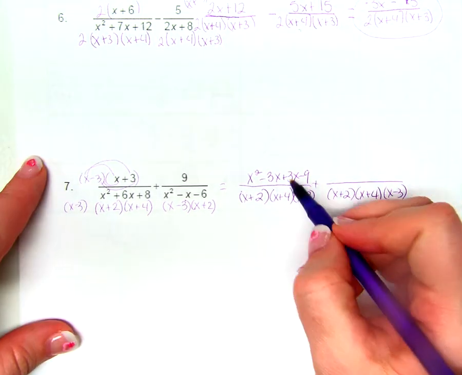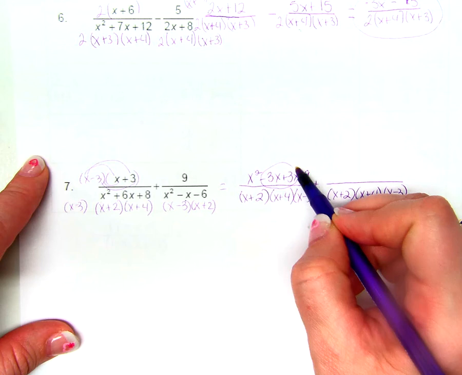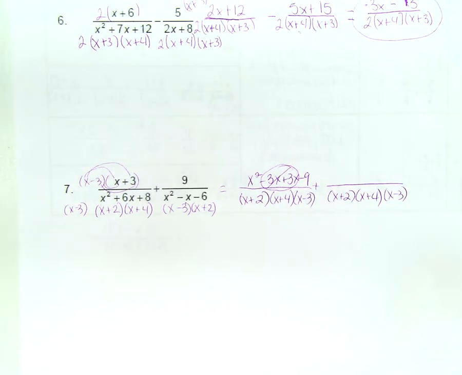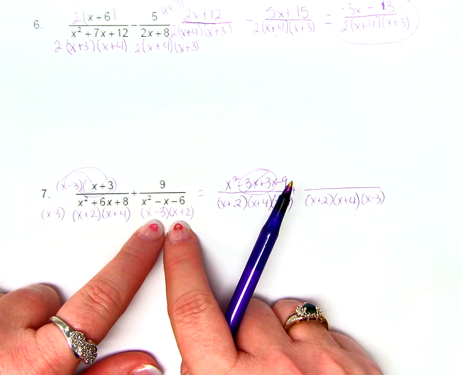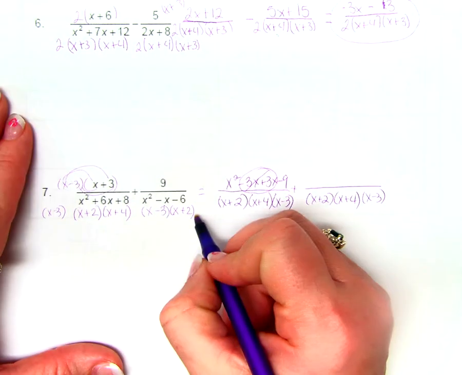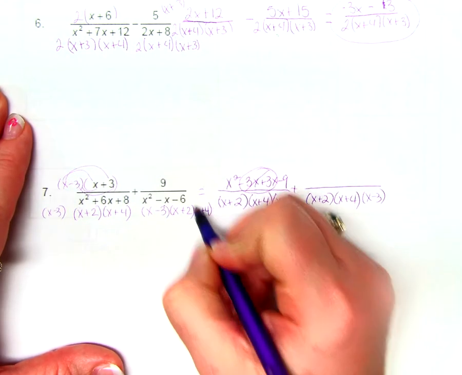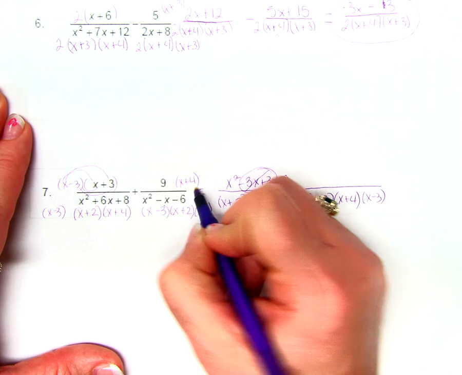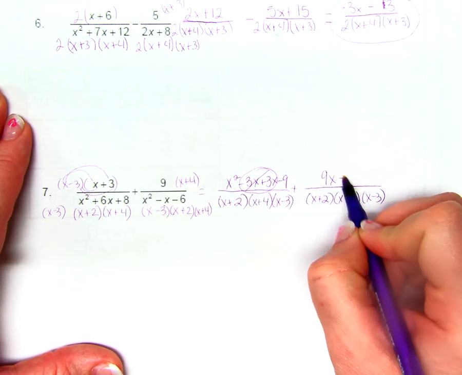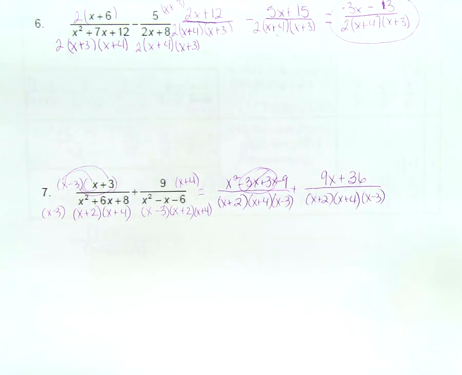And some of you can tell already that this is what? 0, right? A negative 3x plus 3x, that's 0. What is the second one missing? X plus 4. So, 9x plus 36, right?